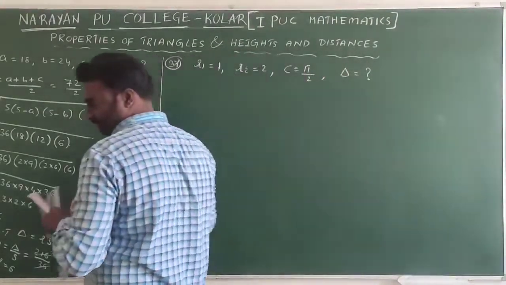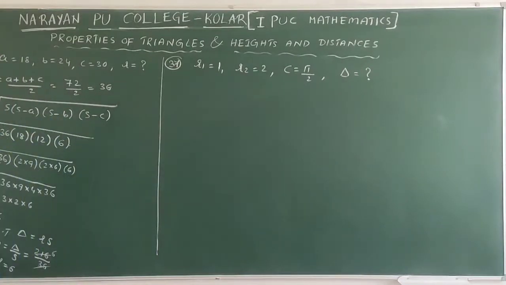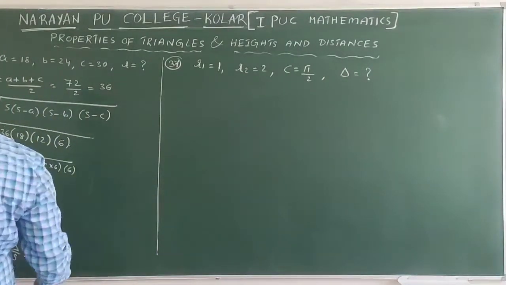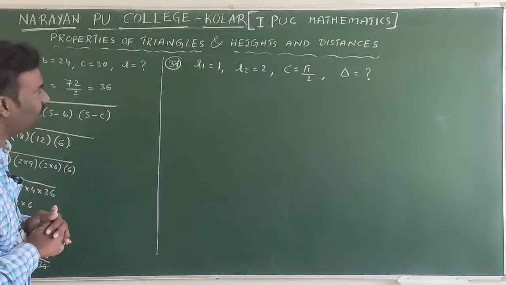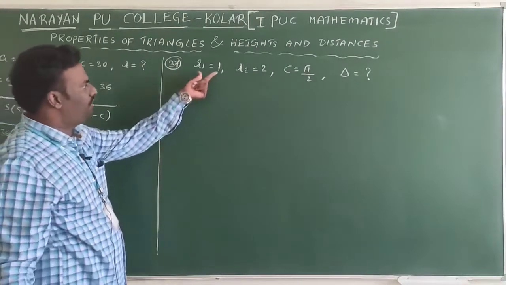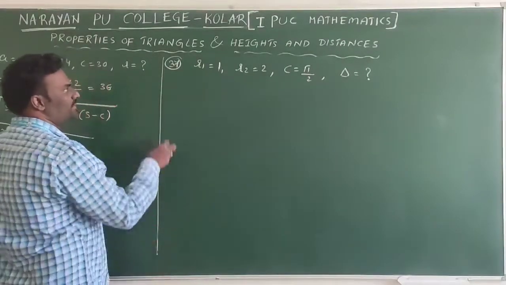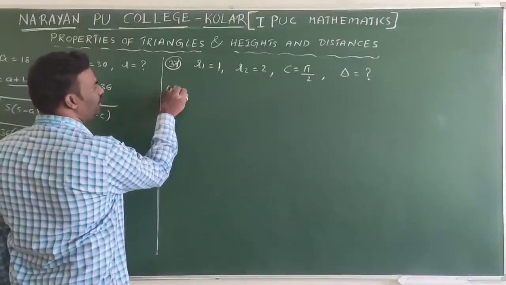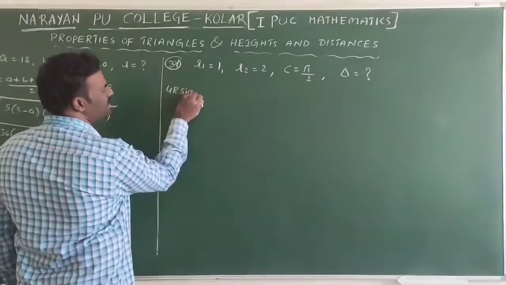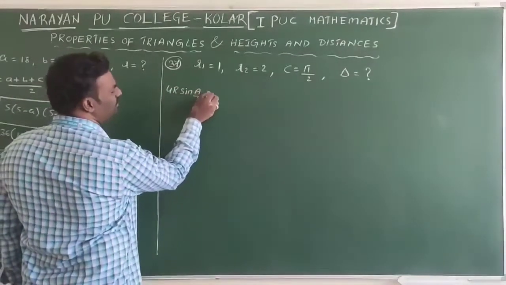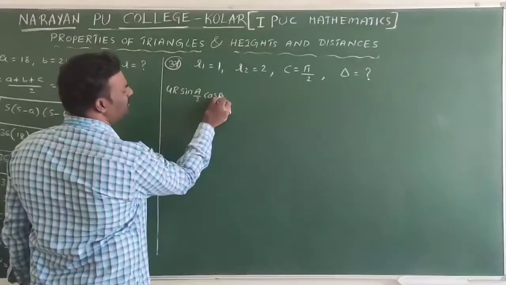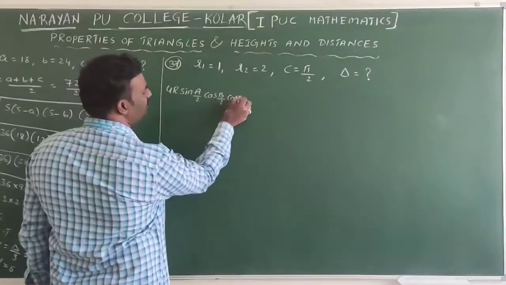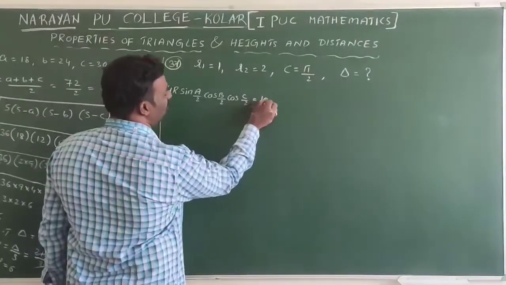Okay. According to the formula list, this R1 can be written as 4R sin A by 2 cos B by 2 cos C by 2, that is equal to 1.